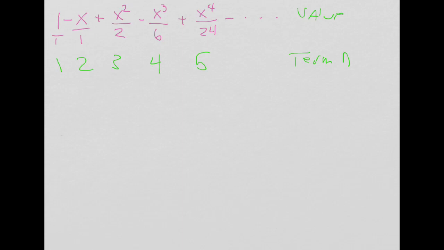Maybe that's a pattern you recognize since we've seen it before. Maybe you don't remember it, but maybe you remember it from when you did probability last year. That looks a lot like a factorial. 1 times 1 is 1, 1 times 2 is 2, 2 times 3 is 6, 3 times 4 is 24, 4 times 5 is 120. I bet you that's going to be the next denominator there.